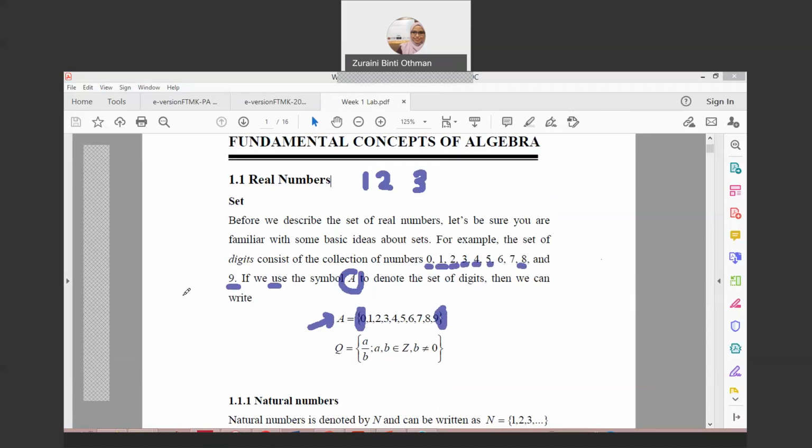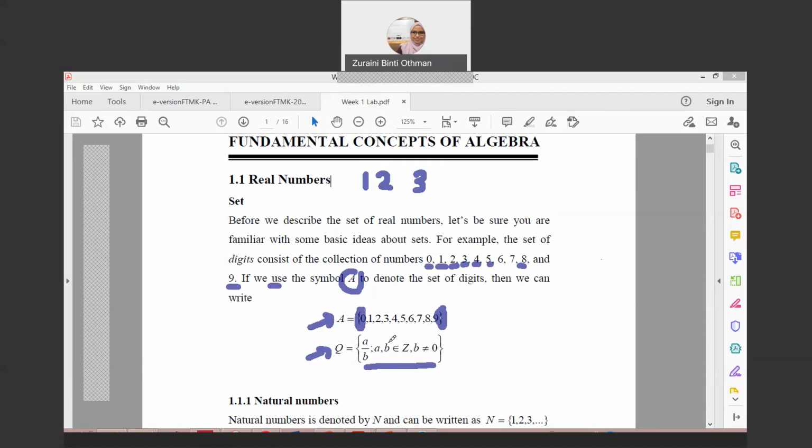And another contoh lagi satu set ni yang bawah ni is Q. Macam mana kita nak baca notation macam ni? Nanti lepas ni kalau kamu nampak buku, certain buku computer science, buku matematik especially, you can see this notation.